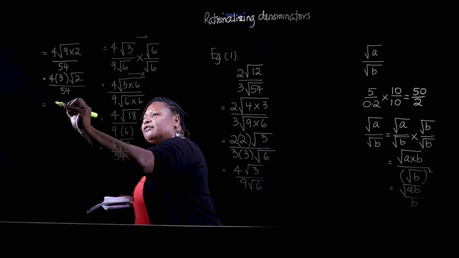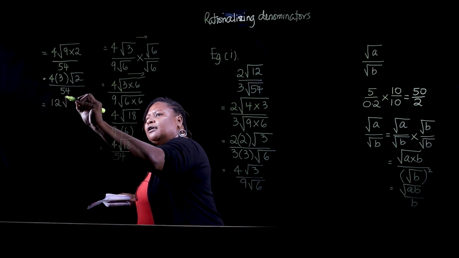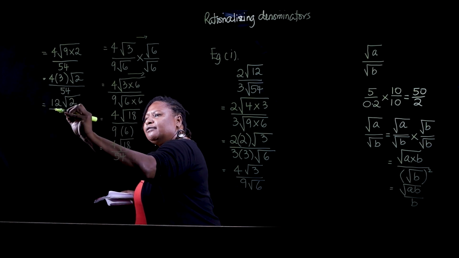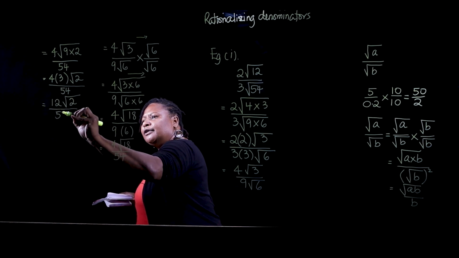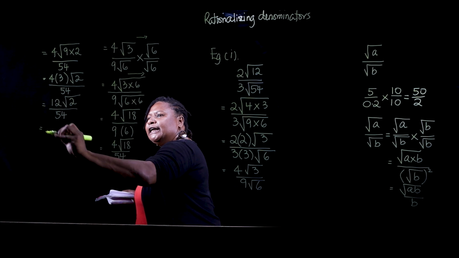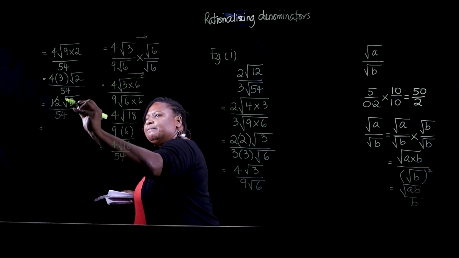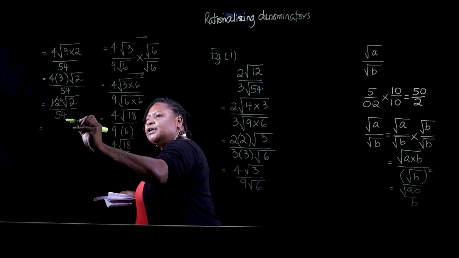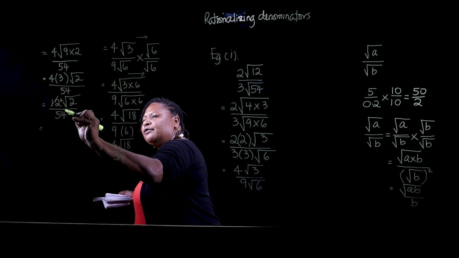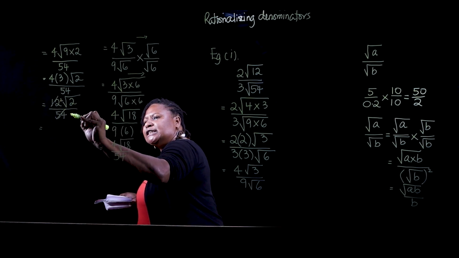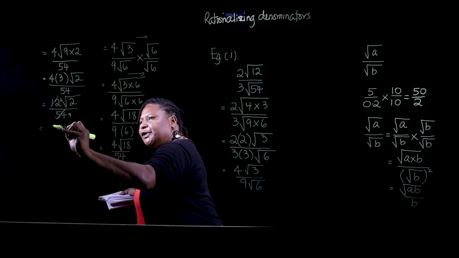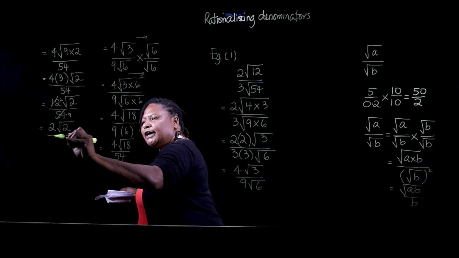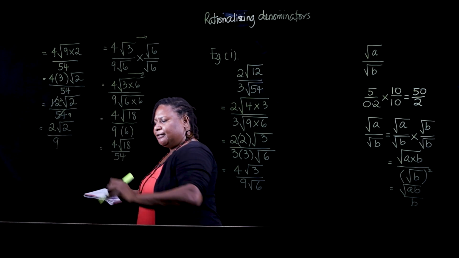So 12 root 2 divided by 54. Then simplify: 12 divided by 6 is 2, and 54 divided by 6 is 9. So our final answer would be 2 root 2 divided by 9.